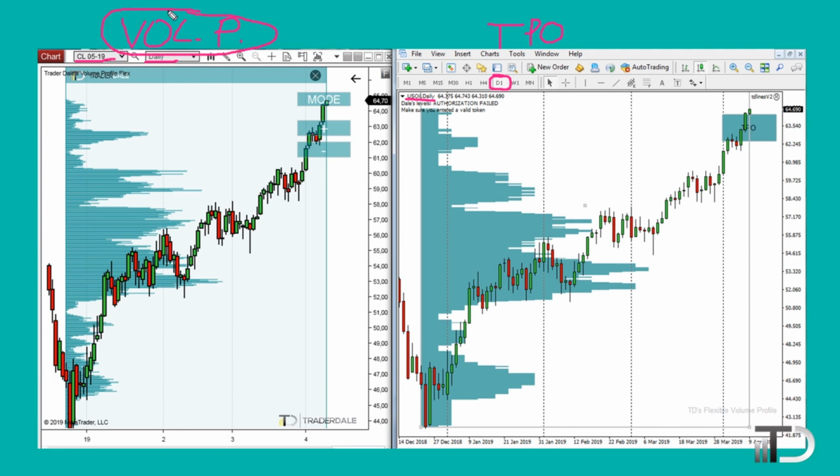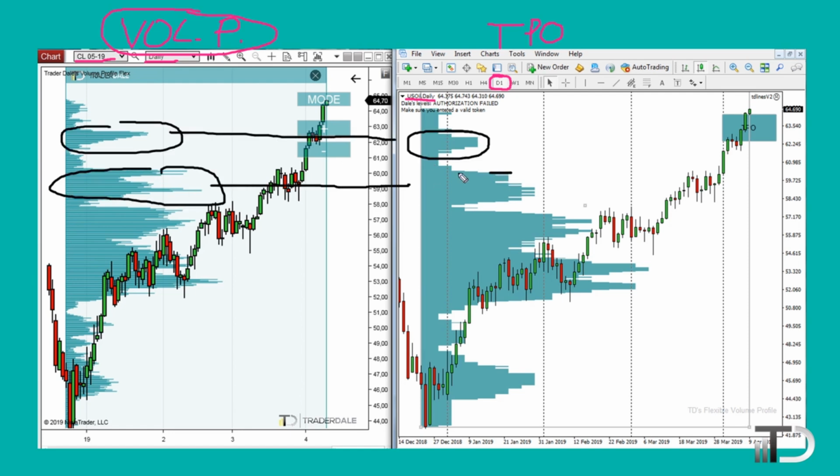The volume histogram, based on the true volumes, is much more detailed than the TPO. I hope that you can see it, for example, right there, or right there. Those are supposed to be the same areas.